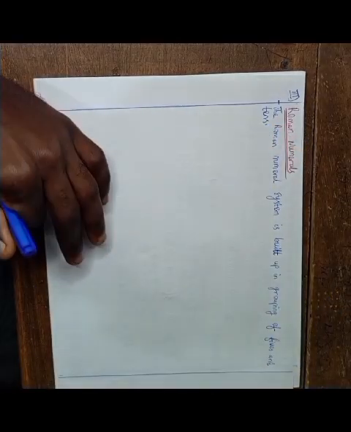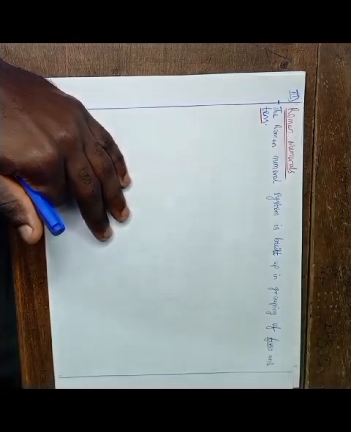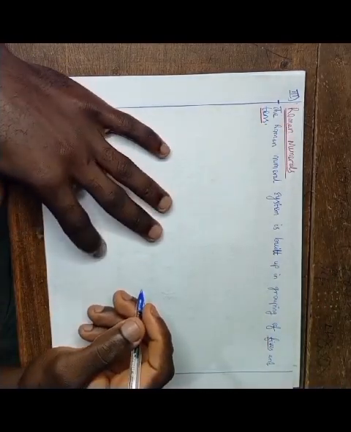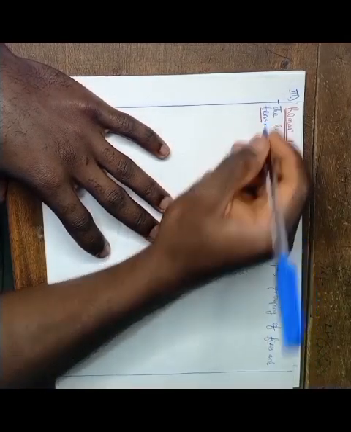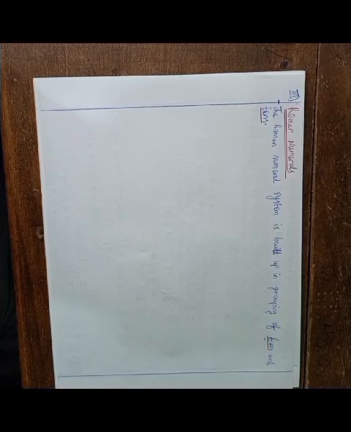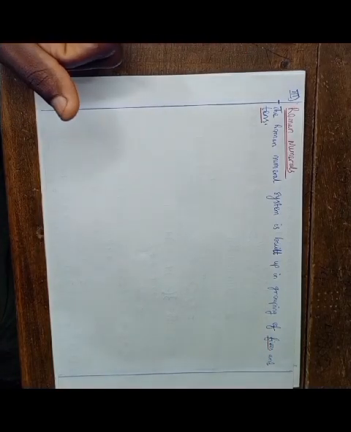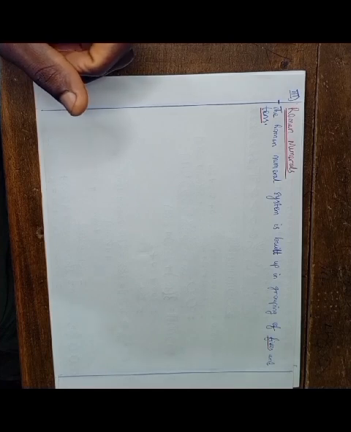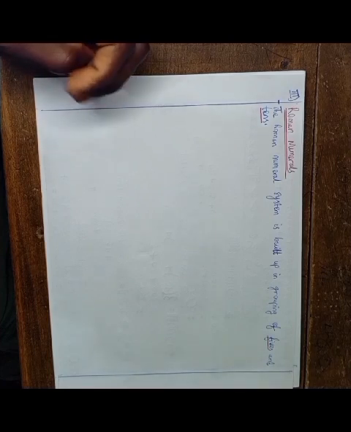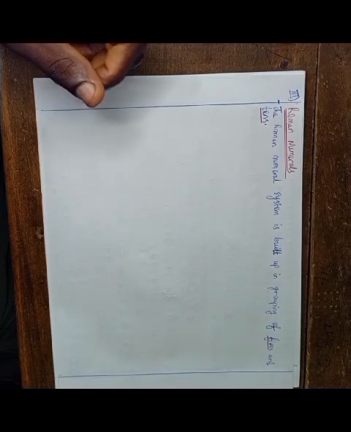I'll use my red pen to underline fives and tens. So that means in the Roman numeral system, the symbols they use are based on grouping of fives and tens.